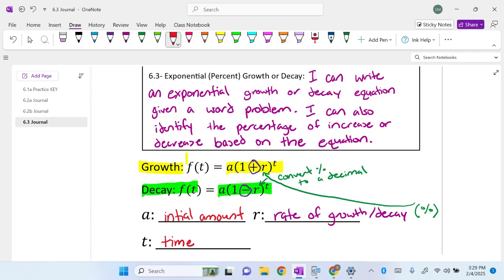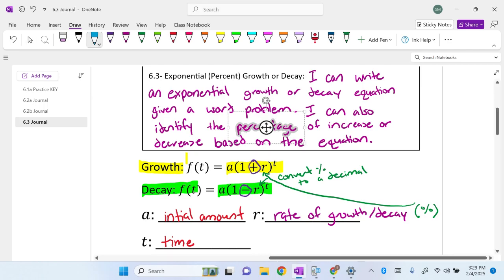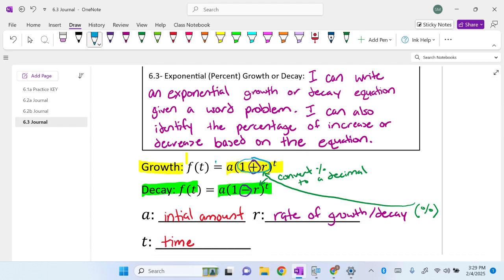Now, another thing to notice about these equations is that if you look closely, the 1 plus r is our b value for growth. The 1 minus r is our b value for decay. And if you think about it, growth means that the graph will increase. So that means that our growth factor, or our actual b value, will be greater than 1, which makes sense because we're adding 1 to whatever our percent rate is as a decimal.